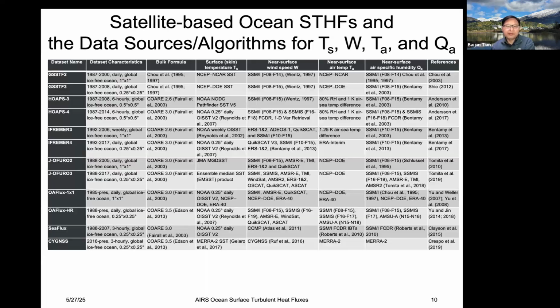And if you look at the data sources for the four independent variables, there are a lot of data sources. I list a table about the data characteristics for all the satellite datasets, the bulk formula used, the data source for sea surface temperature, the data source for the near-surface wind speed, the near-surface air temperature, and the near-surface humidity. Different datasets use different sources.